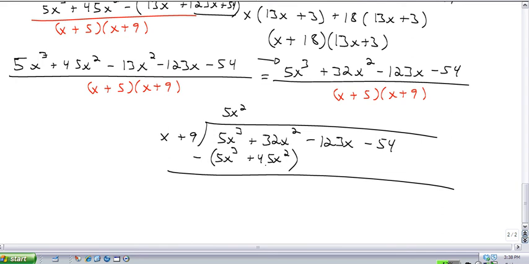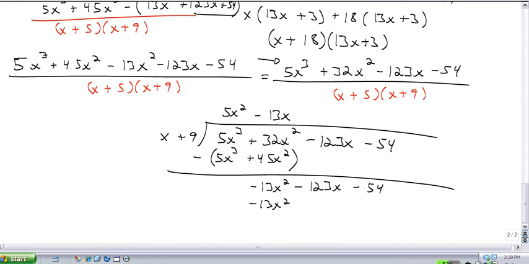32 take away 45, negative 13. Okay, x into negative 13x squared. So it'll be a minus 13x. 13 times 9. Let's see. 10 times 9 would be 90. 3 more 9s. Well, 3 9s is 27.